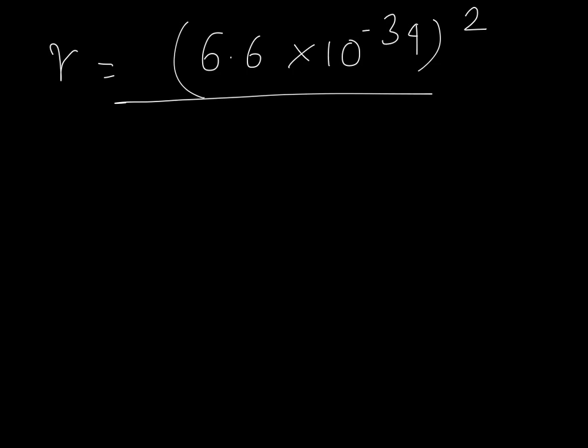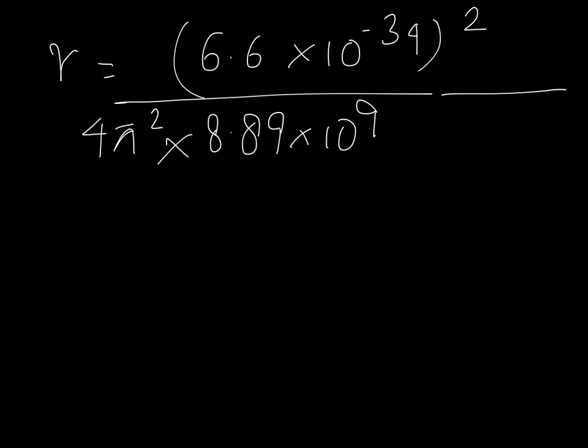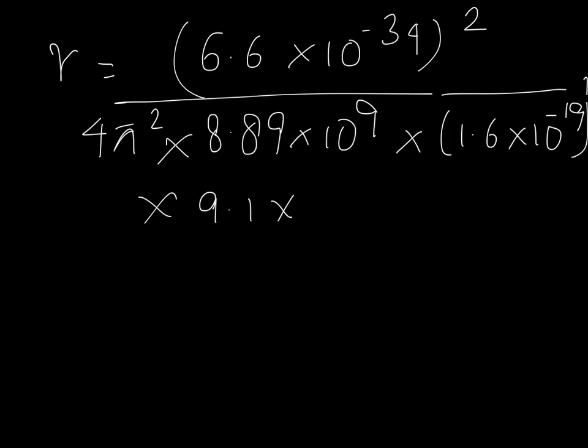Now if we try to sub in the values, we'll realize that r is equal to, first we have h squared, which is 6.6 times 10 raised to the power negative 34, squared, divided by, this is going to be a long expression, 4 pi squared multiplied by the constant k, which is 8.99 times 10 raised to the power 9, multiplied by the charge on the electron squared, so 1.6 times 10 raised to the power negative 19 squared, multiplied by the mass of the electron, 9.1 times 10 raised to the power negative 31.